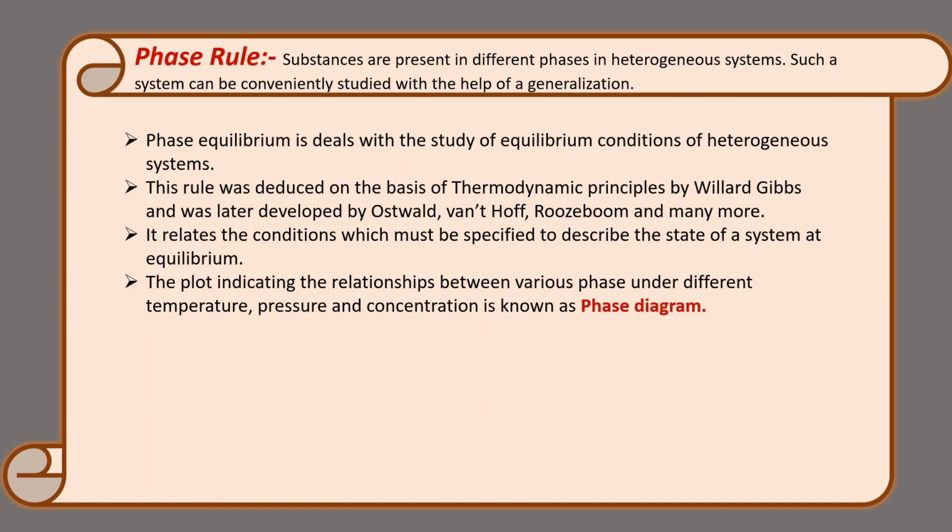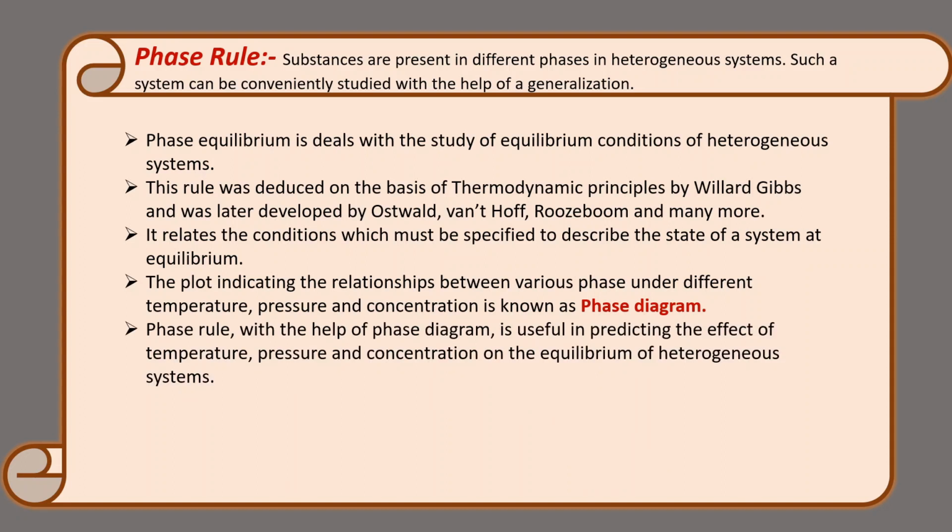So a graphical presentation is known as a phase diagram. And the phase rule, with the help of the phase diagram, is useful in predicting the effect of temperature, pressure and concentration on the equilibrium of heterogeneous systems. So that is just the introductory part of phase rule.